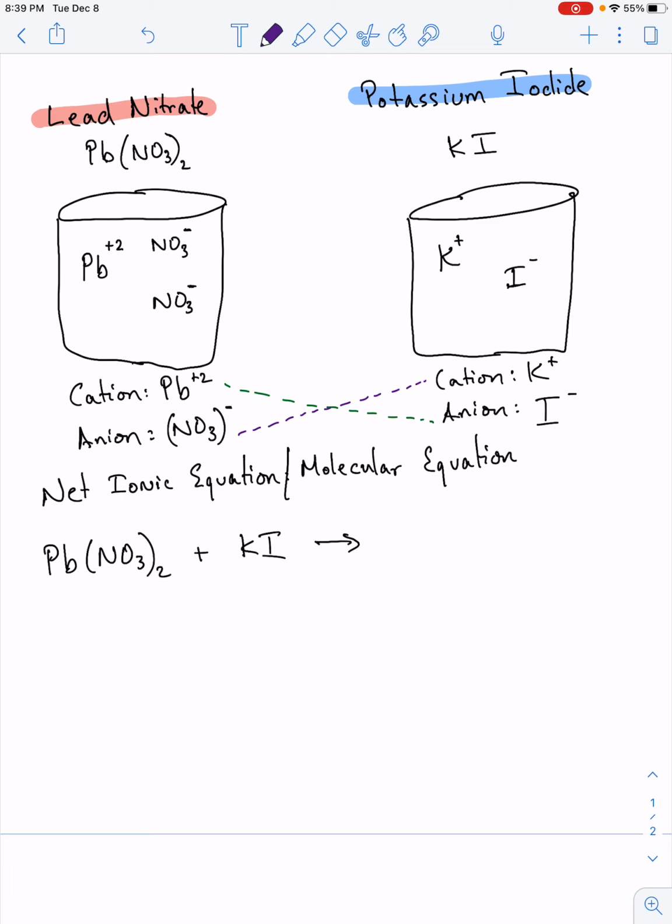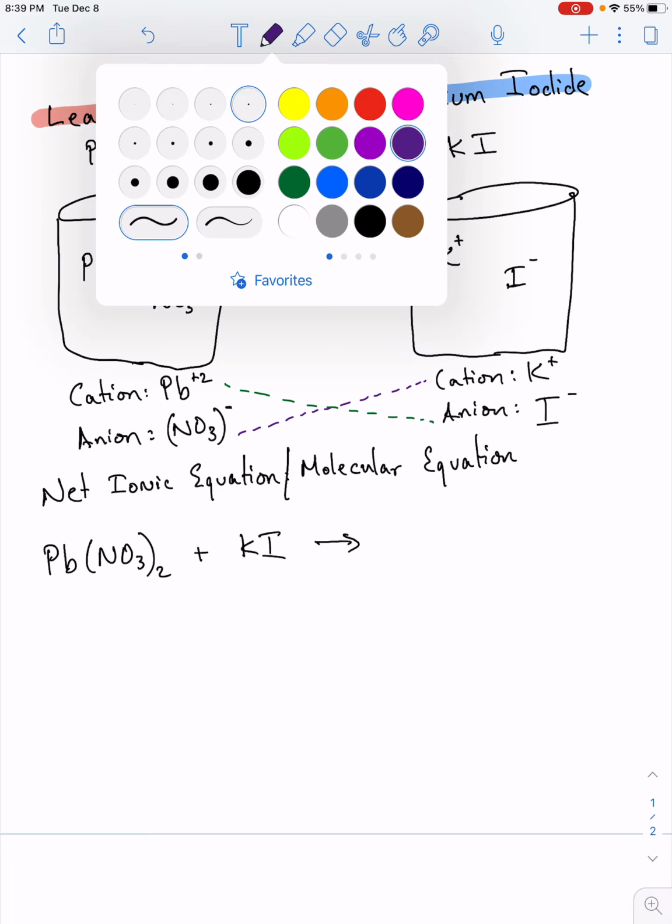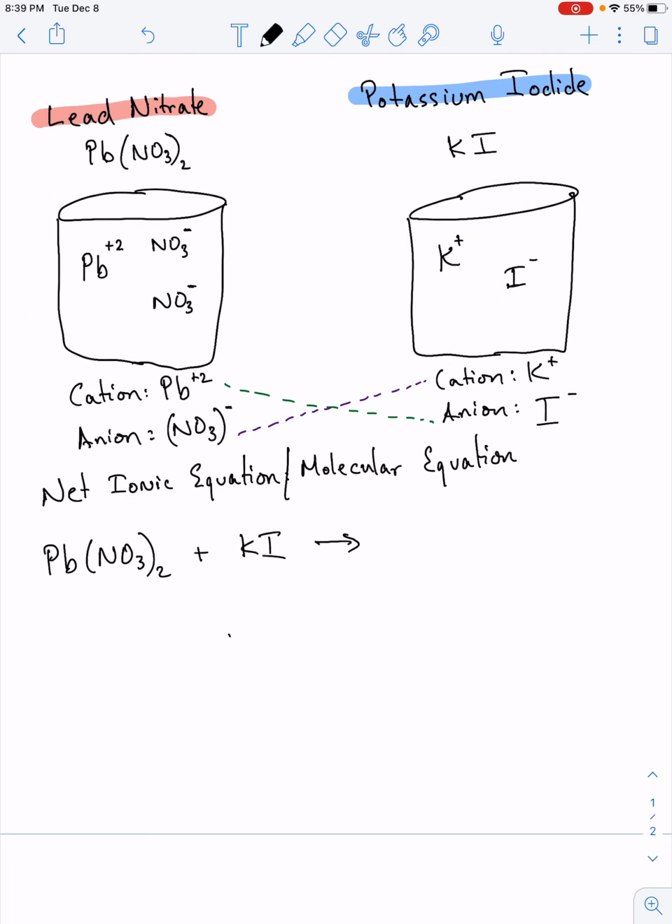And so if I have lead as Pb +2 and my anion is iodine, we can use the crisscross rule to come up with PbI2. And so that becomes one of my products.